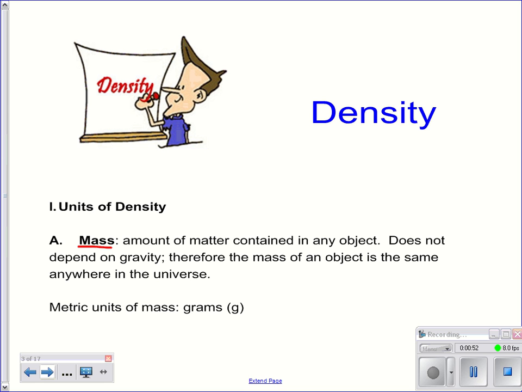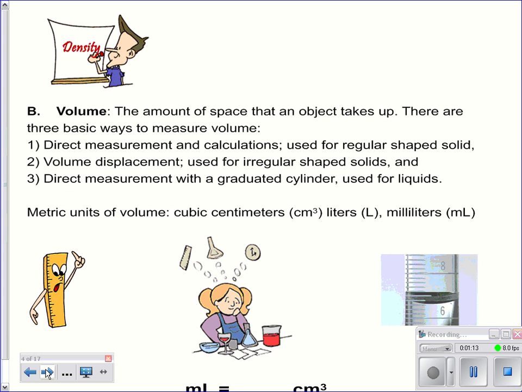And that is independent of where you are in the universe. It doesn't matter if you're here on Earth or on Jupiter, you have the same amount of matter in you. If you happen to go to Jupiter, though, you're going to weigh more because there's greater gravitational force there. So the units we're going to be looking at for mass are grams.